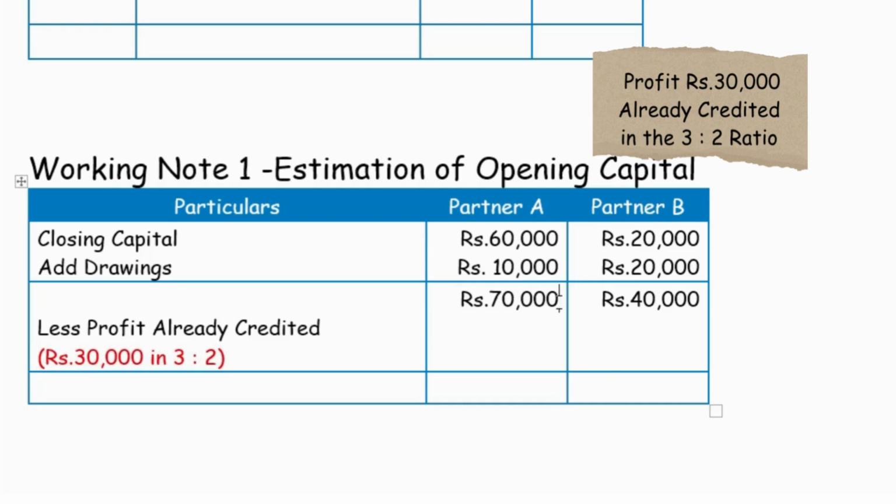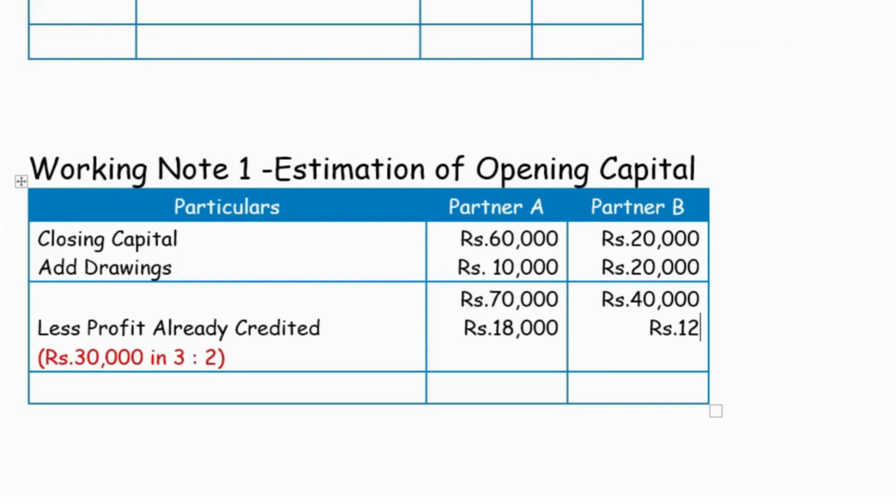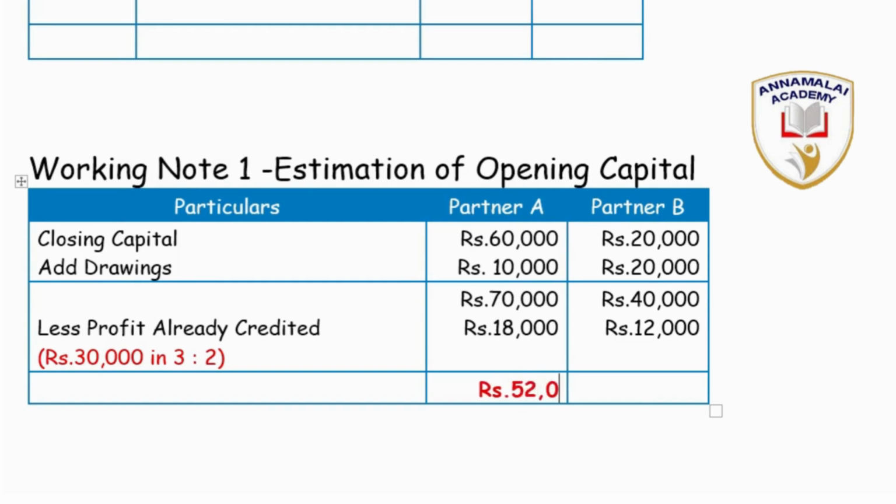So dividing this value, it is 18,000 and 12,000. Making an adjustment of all these things, we arrive at a capital of rupees 52,000 for partner A and 28,000 for partner B. So this is the capital in the beginning.